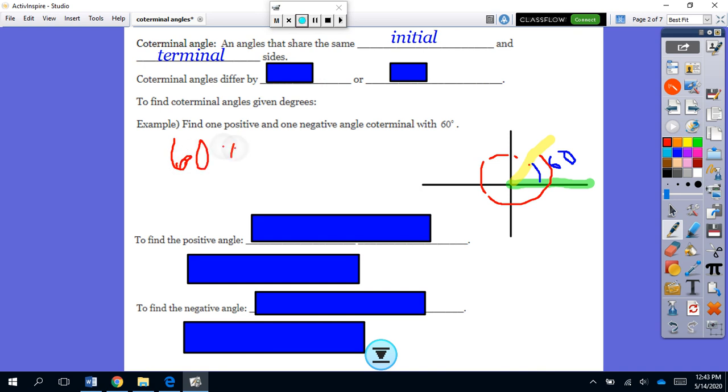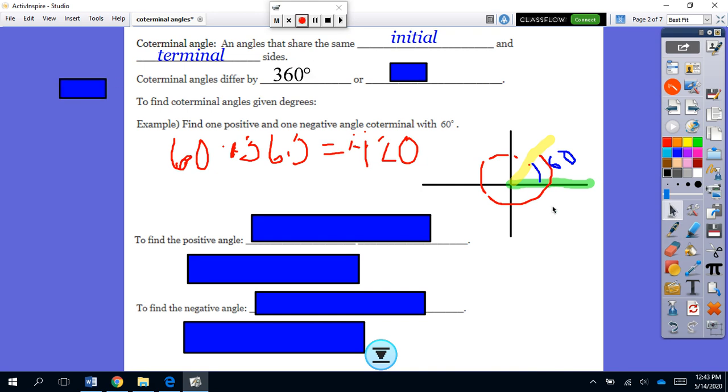Then I went another 360 degrees. So really, I have gone a total of 360 plus 60, or 420 degrees. So when you're looking for a coterminal angle, you're just going to add or subtract that 360 degrees.